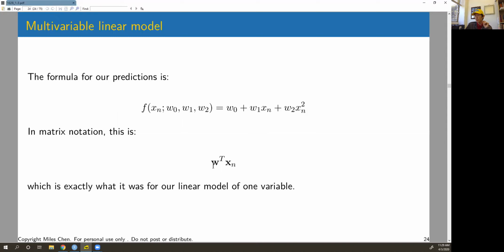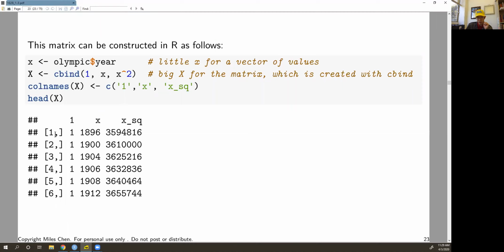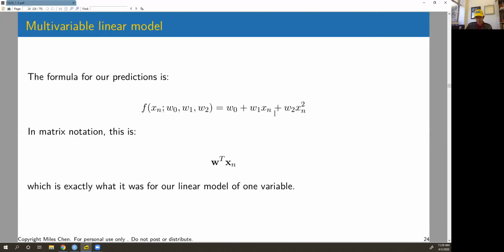Imagine W being a 3 by 1 matrix, so W transpose will be 1 by 3, and xn will be a column of the 1, the xn, and the xn squared. And so our predicted value is W transpose xn.